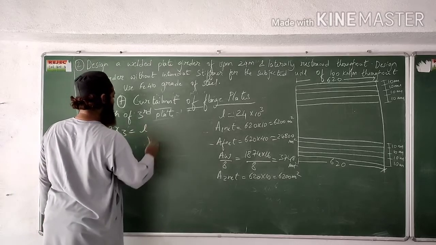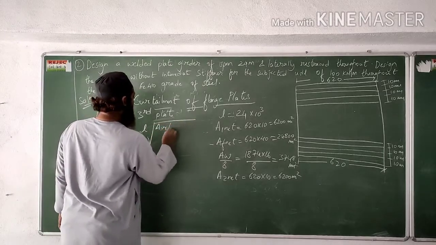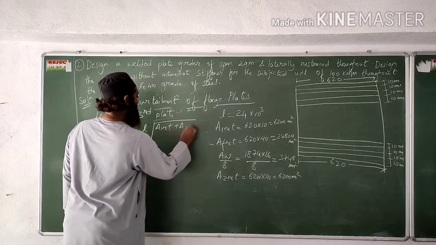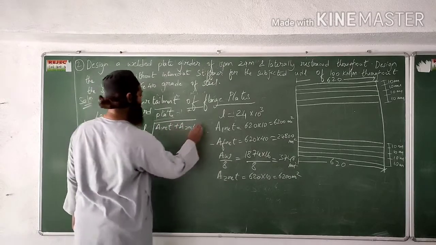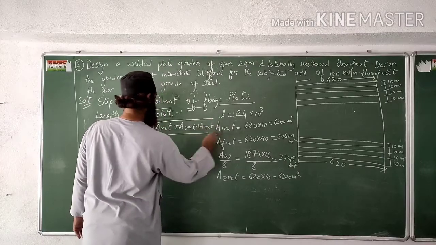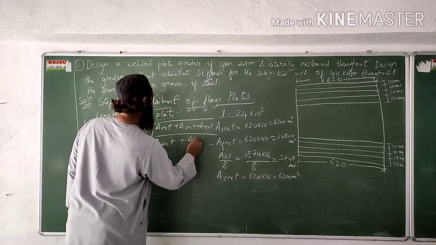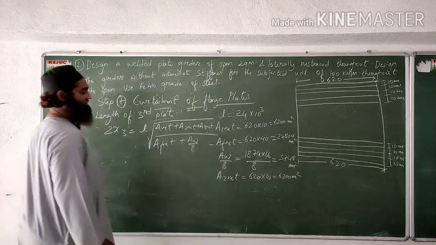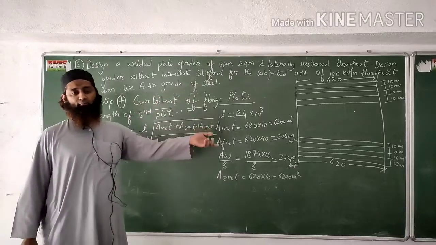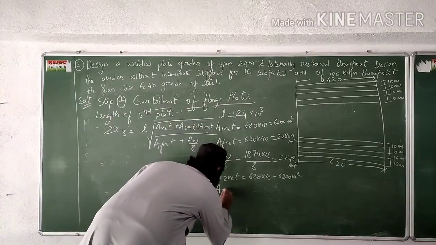Simple. Hope till here you must have got this formula, how it is adding up. By AF net plus AW by 8. A3 net is again, what is the size of the third plate? That is 620 into 10. As I had told you, we have taken all similar plates.